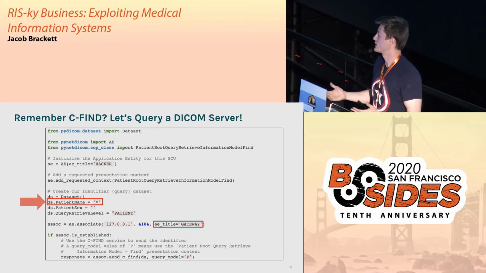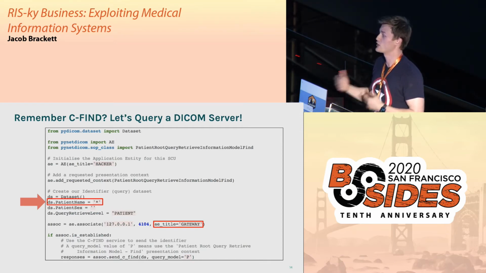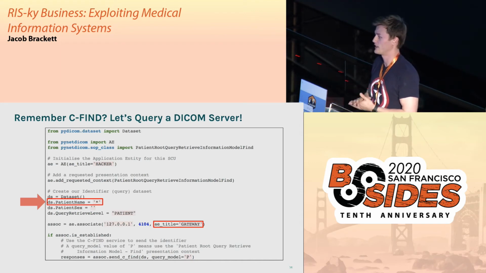So what does that look like? This is using a Python library, an API for DICOM called pynetdicom, for the network protocol. We're going to query a patient name of star, so matching any patient record that the server has. We're going to initialize our AE title with an AE title of hacker. Obviously, the server isn't checking that calling AE title in this case.